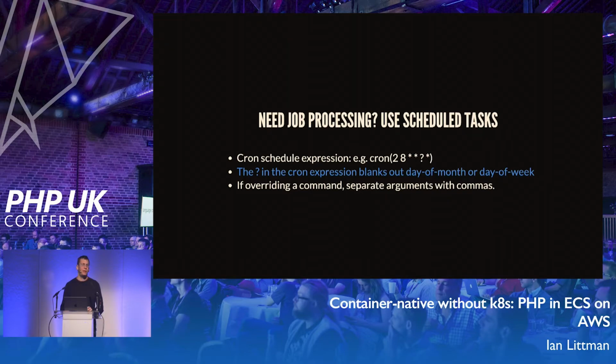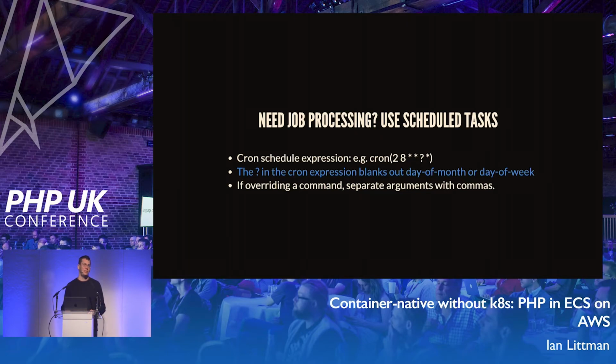Or if you're wanting to do something on a cron job, then there is an entire scheduled tasks tab within ECS, within your cluster, saying, set up this particular task, potentially with environment variable overrides or even a command line override.